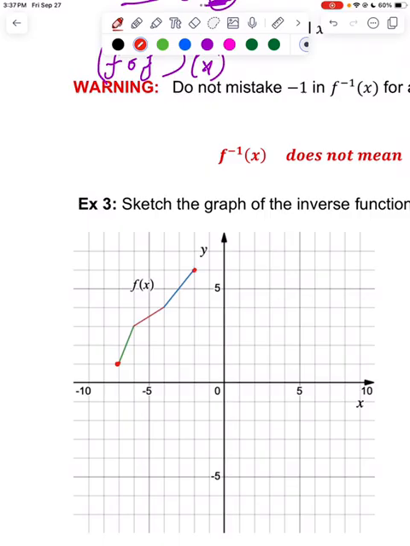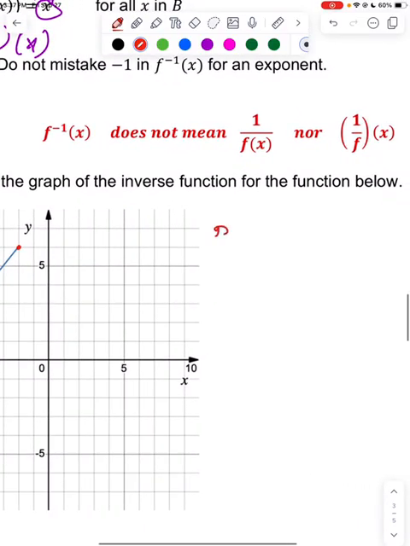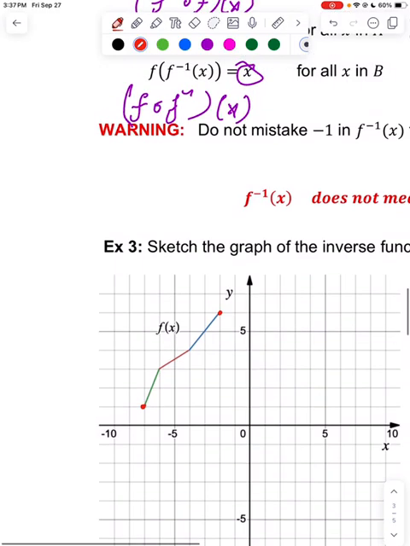So what is the domain of this function, and what is its range? The domain is going to be the interval starting at negative 7 and ending at negative 2.